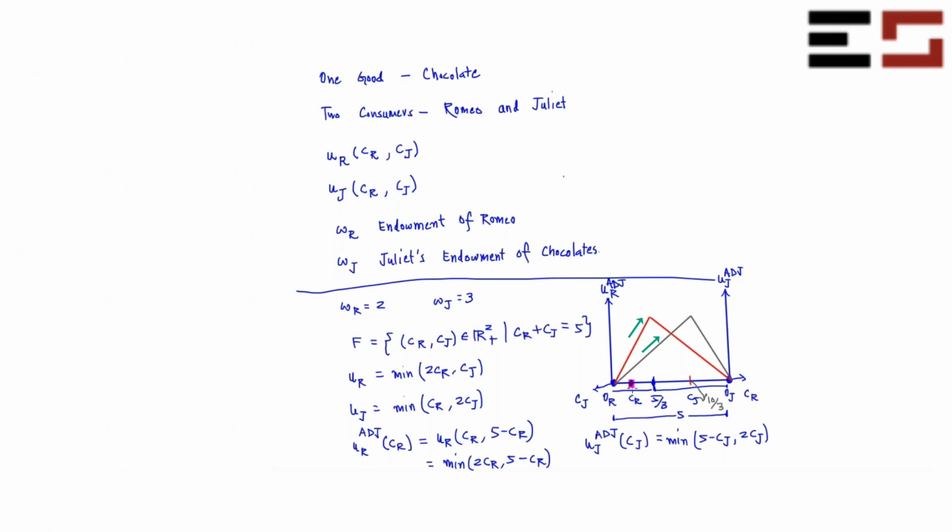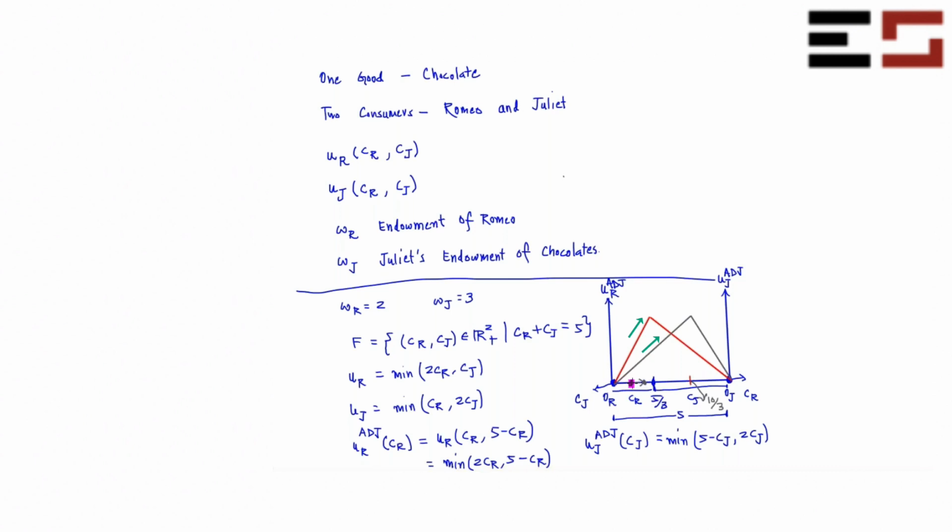This is not efficient because you can actually improve the satisfaction level of both the individuals by moving to a point in this direction, somewhere between this and this. If you move to a point between this and this, you will definitely make both of them better off.